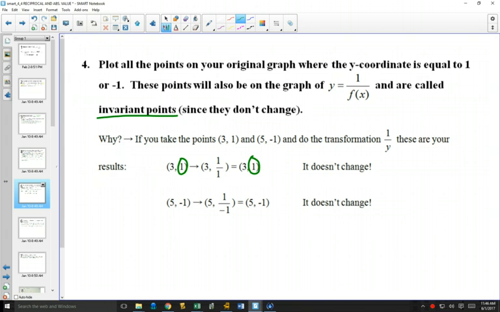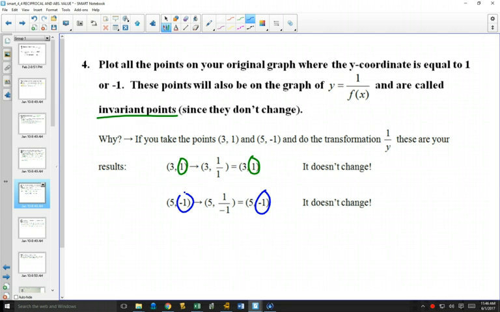I still get 1. So that point won't change. Same thing happens with -1. If you have -1 and you do 1 over -1, that's still -1 and doesn't change.